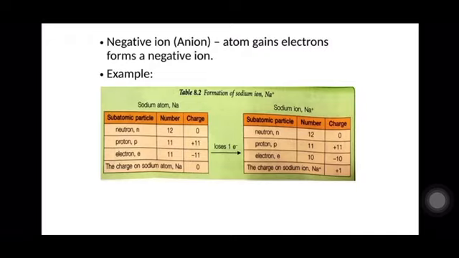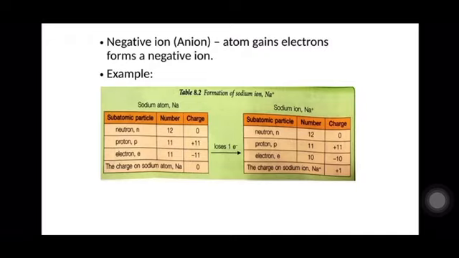Tetapi dia tidak stable. So bila dia tidak stable, untuk sodium atom, dia donate elektron. Dia donate berapa? Dia donate 1 elektron. Tetapi yang bergeraknya hanyalah elektron. Proton tidak. Proton stay. Kamu tengok, bila dia donate 1 elektron, maksudnya dia hilang 1 elektron kan? So that's why number of electron sudah jadi 10. Okay? That's why charge dia berkurang jadi negative 10.